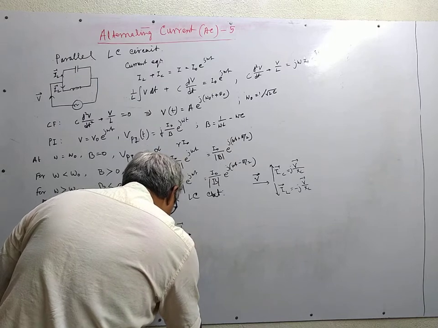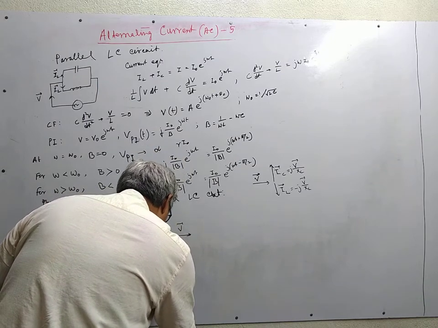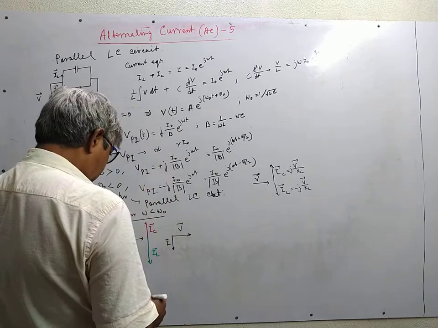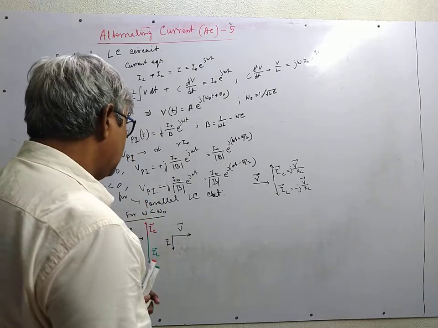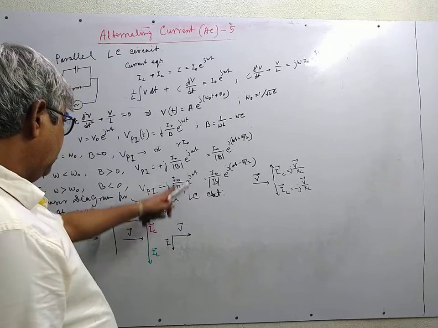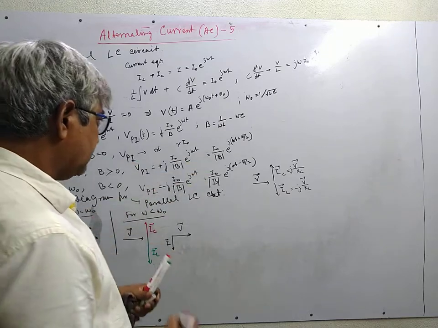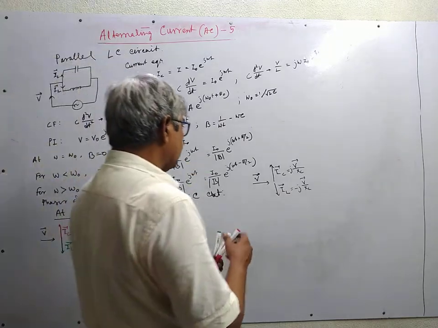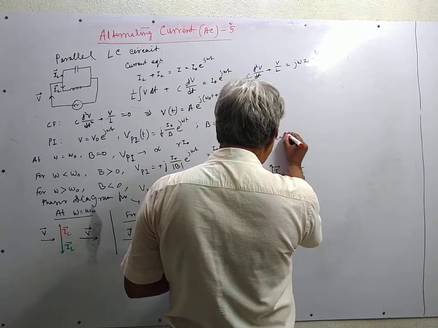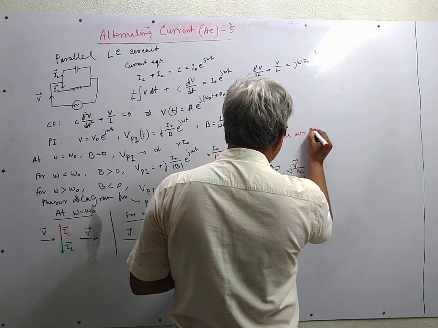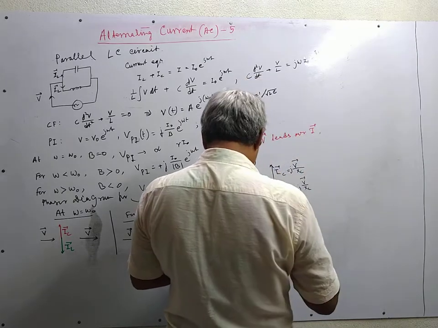This is V, this is I. So we see V leads over I. Here we forgot to write V leads over I. The circuit is inductive.